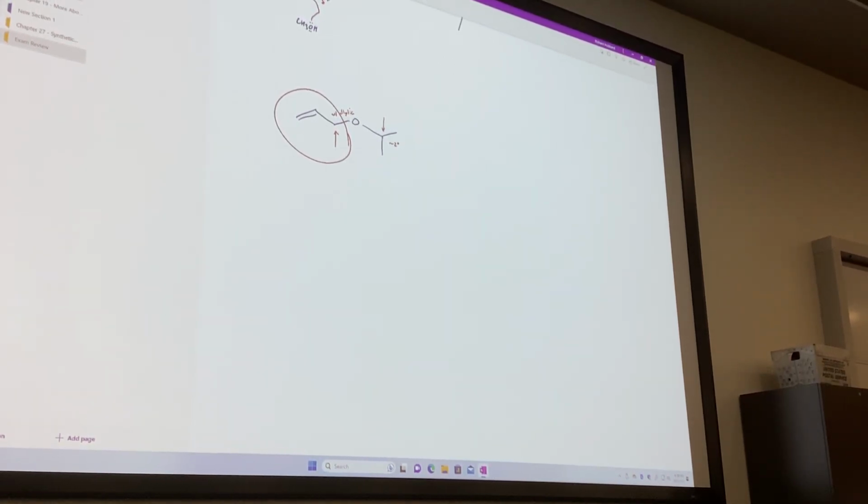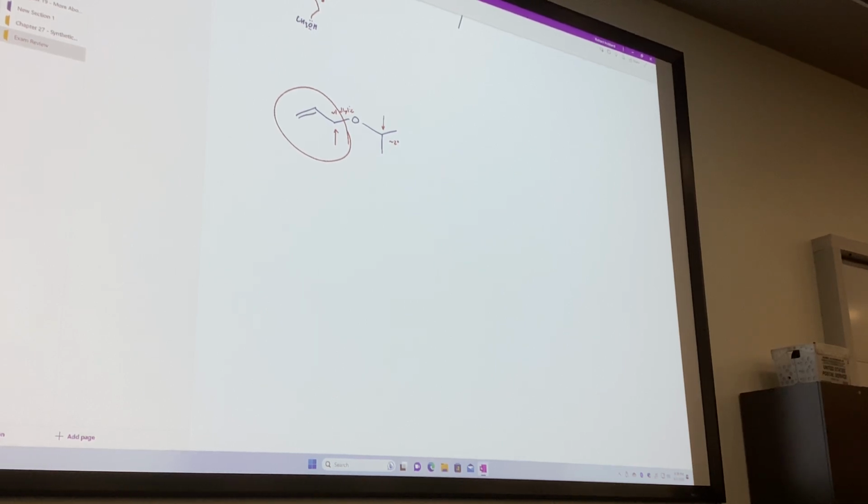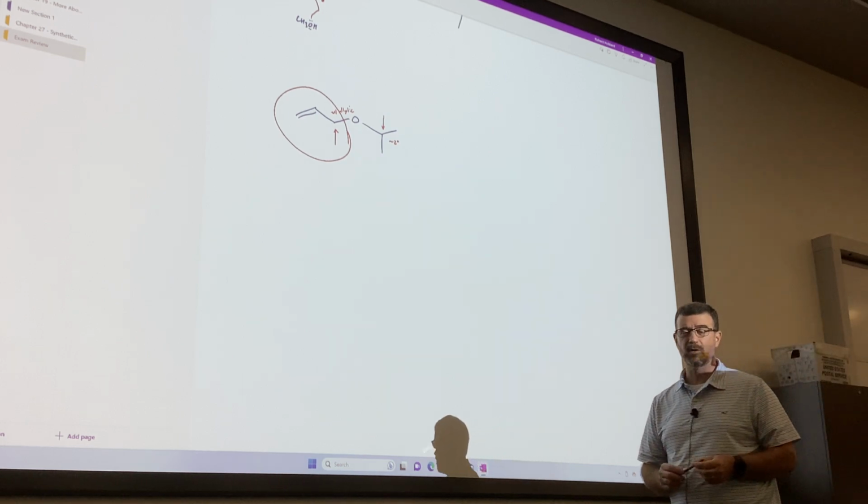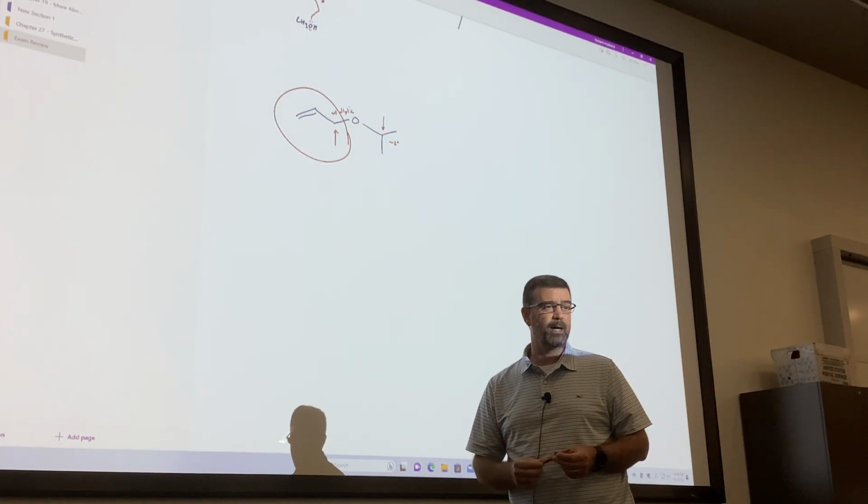What do we think? Secondary, SN1 or SN2 reaction when it's ethers? It is typically SN2. For a secondary system, it's hard to form that carbocation.